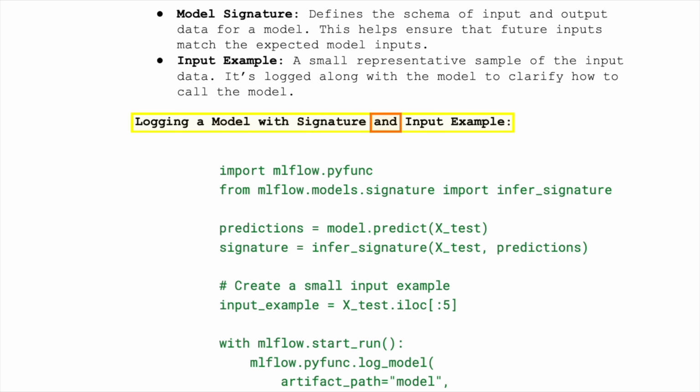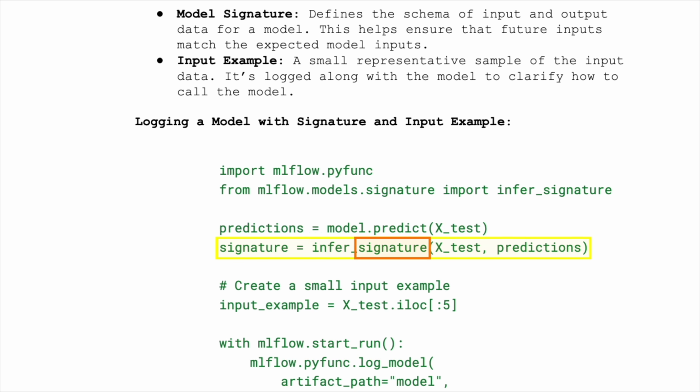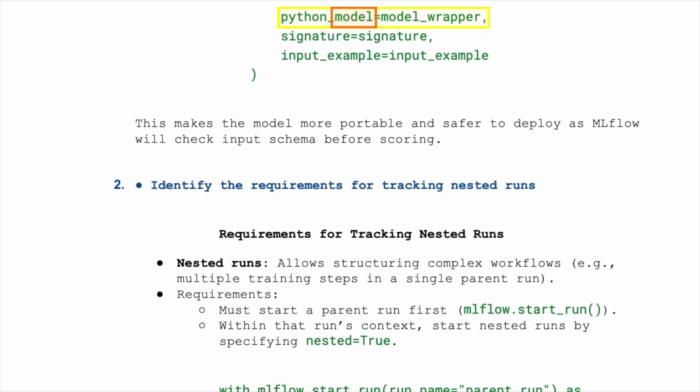Logging a model with signature and input example. Import mlflow.pyfunc, from mlflow.models.signature import infer_signature, predictions equals model.predict x_test, signature equals infer_signature x_test predictions. #create a small input example: input_example equals x_test.iloc 5, with mlflow.start_run, mlflow.pyfunc.log_model artifact_path equals model, python_model equals model_wrapper, signature equals signature, input_example equals input_example.